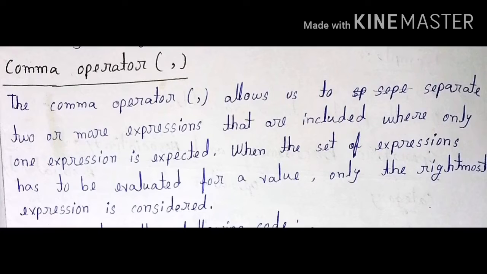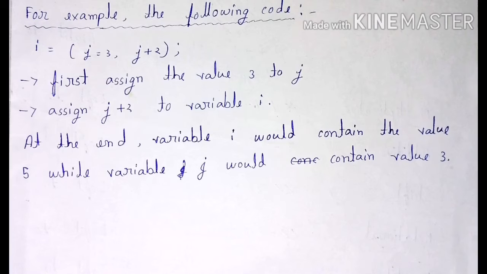Which means the comma operator is used to link related expressions to make the program more compact. Related expressions are evaluated from left to right and the value of the rightmost expression is returned as the value of the expression. So here is the example.